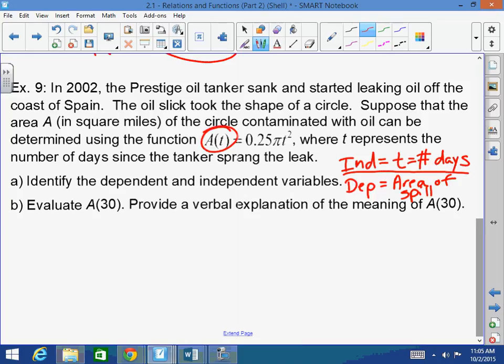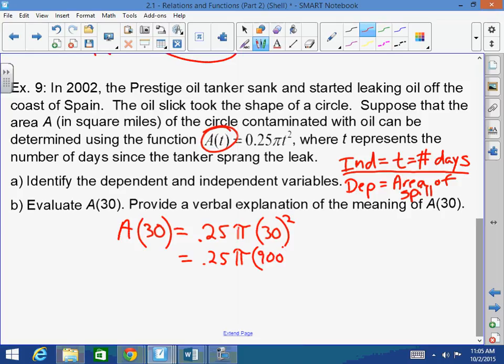Evaluate A of 30. So I want to know the area of the spill when t, the number of days, is 30. Well, I'm going to have 0.25 times pi times 30 squared. 30 squared is 900.